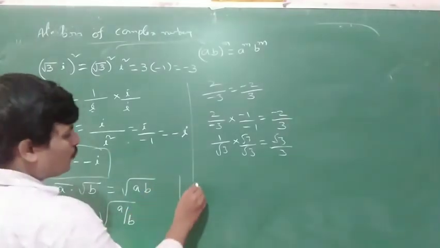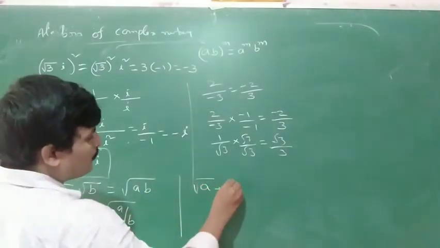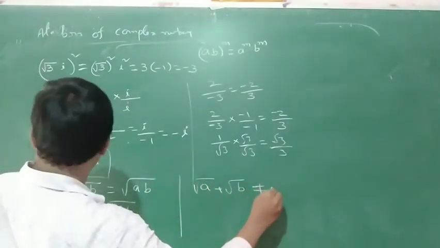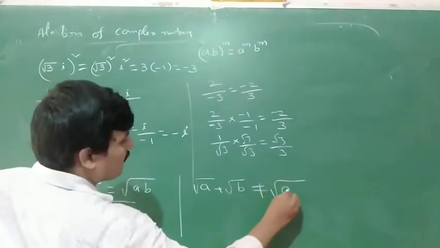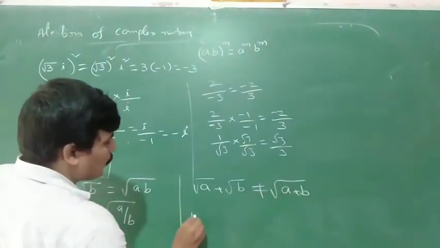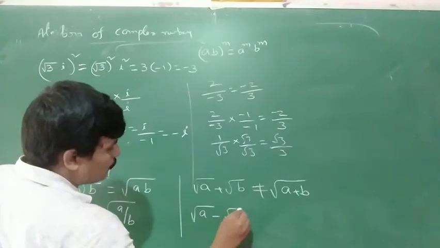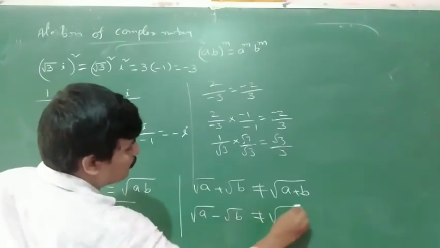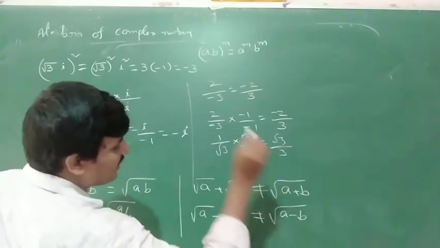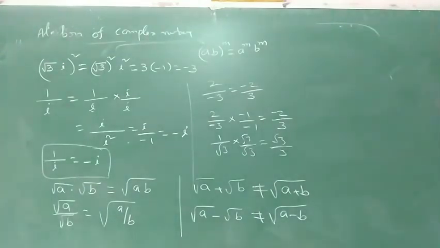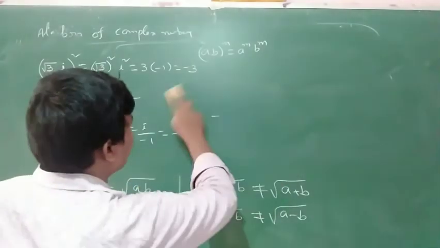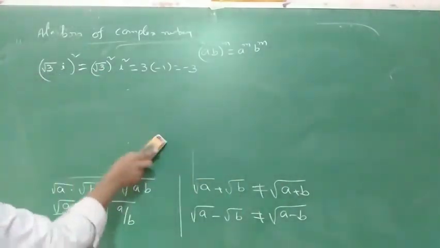Next, root a plus root b is not equal to root of a plus b. Root a minus root b is not equal to root of a minus b. Multiplication and division are satisfied, plus and minus do not satisfy, because take any one example.